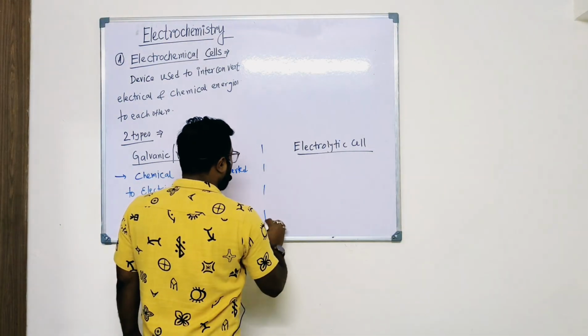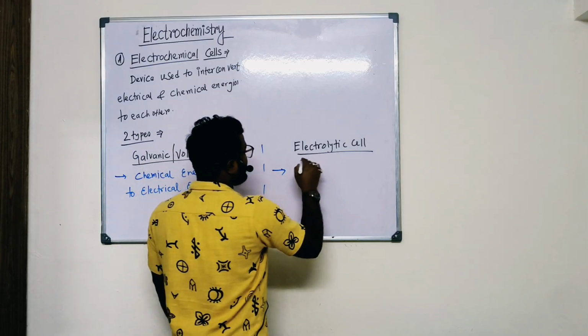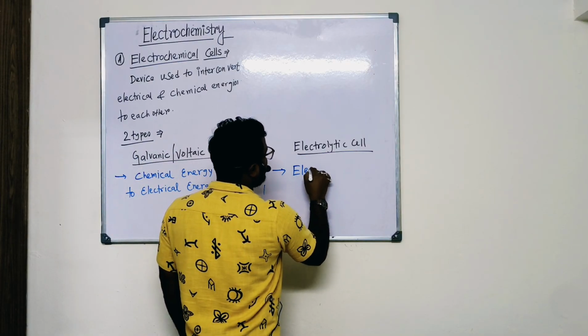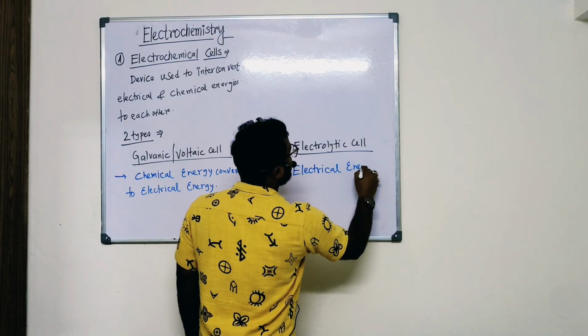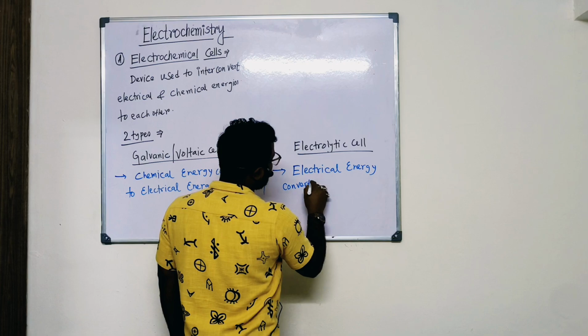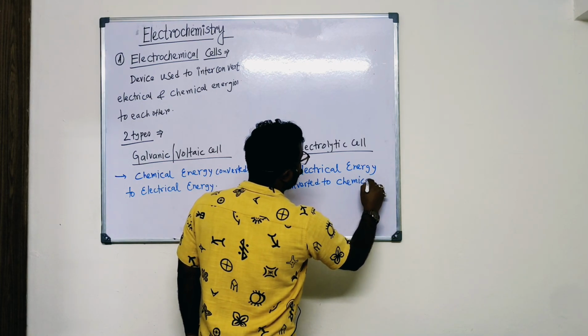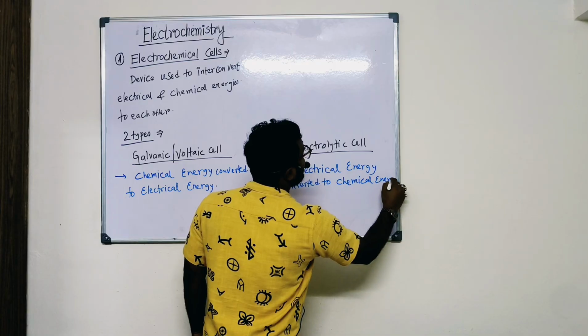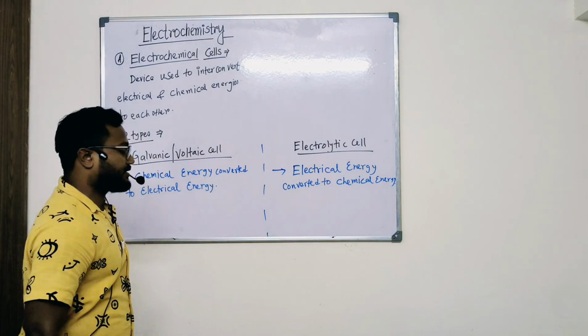Now, what is electrolytic cell? Electrolytic cell is where electrical energy is converted to chemical energy. That is the understanding of electrolytic and galvanic cell.